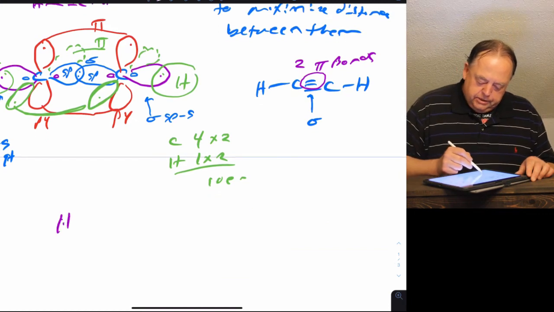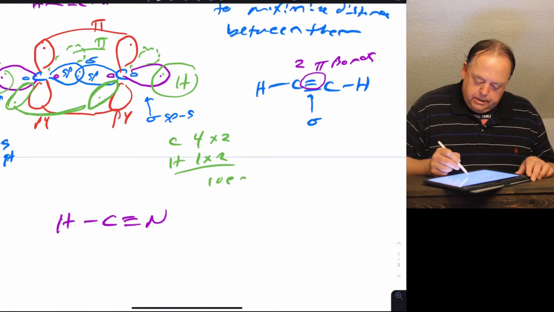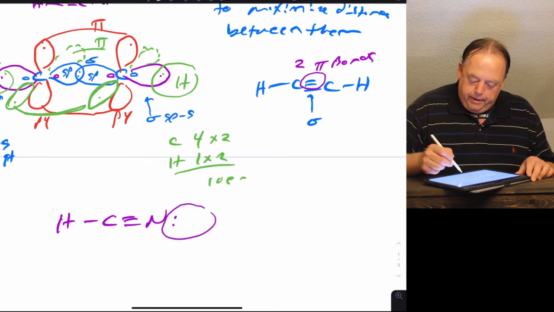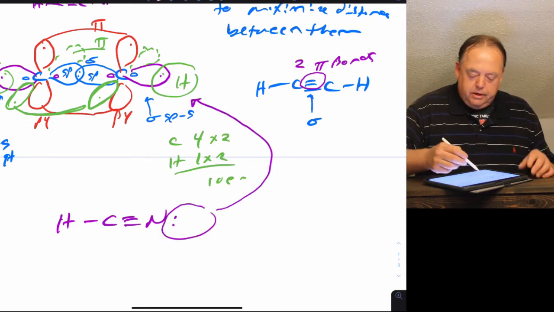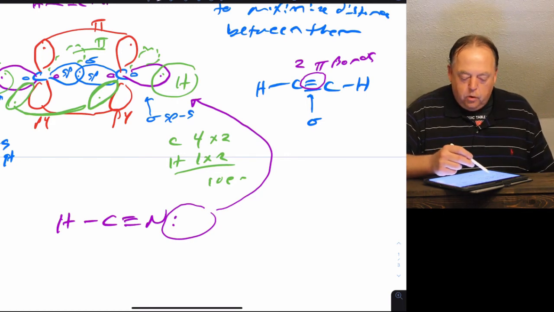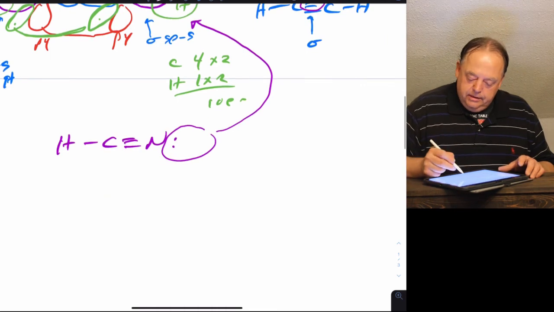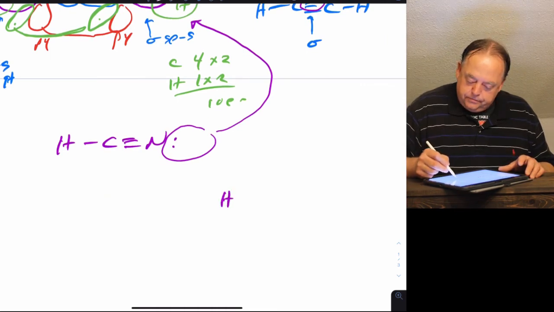So if we were to sketch the bonding in that molecule instead, the only difference is there's a lone pair here, so you would not have a hydrogen atom there, you would just have a lone pair of electrons sitting in that sp hybridized orbital.